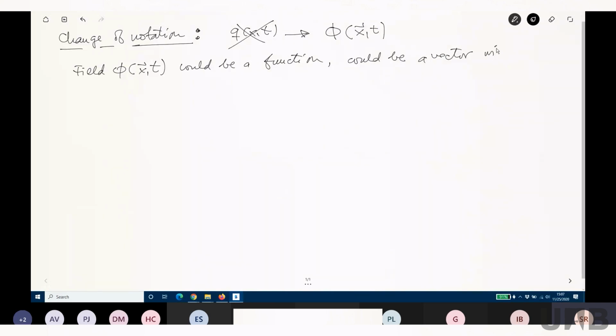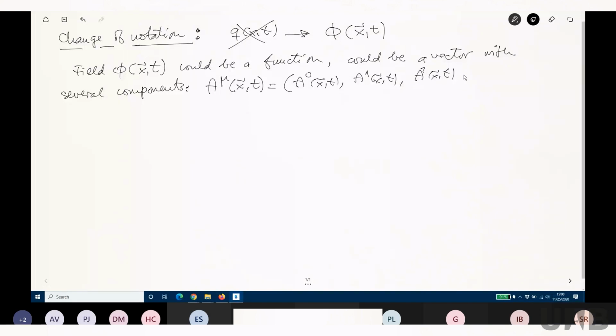In that case we could just call it A mu, putting the index, and it's going to be a function of x and t. This is going to be A0 of x and t, A1 of x and t, A2 of x and t, and A3 of x and t.